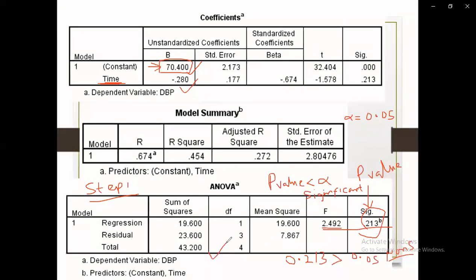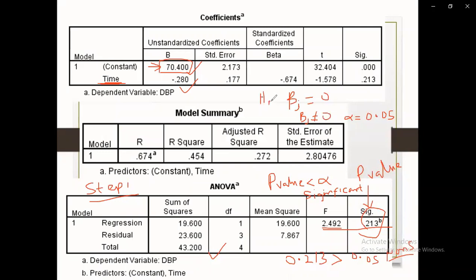Now, what next? The next thing to do is to test the significance of the beta you estimated, whether your beta i's or your beta j's are equal to 0 or they are not equal to 0. So the bj's are not equal to 0. Let me just write.